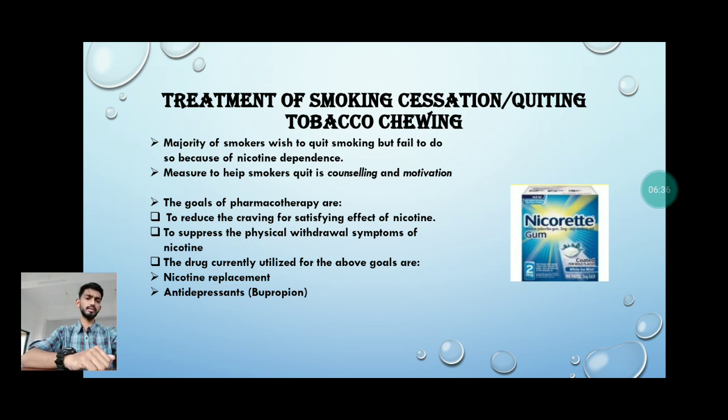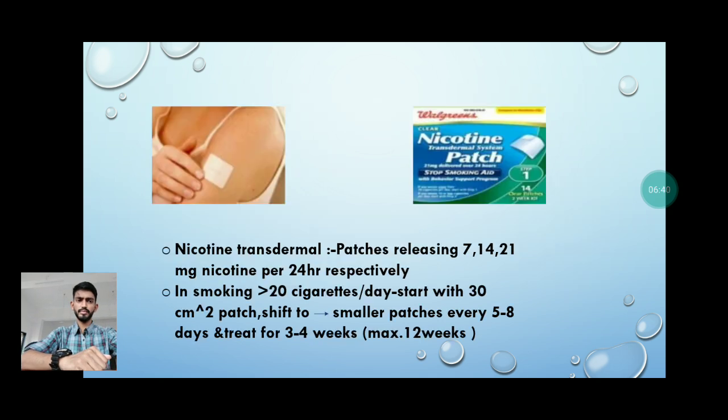In this picture, we will see nicorette gums, which help to reduce the dependence on nicotine. Second, the nicotine transdermal patch, which releases 7, 14, 21 mg nicotine per 24 hours respectively. In smoking more than 20 cigarettes per day, start with a 30 cm square patch, shift to a smaller patch every 5 to 8 days, and treat for 3 to 4 weeks, maximum 12 weeks.